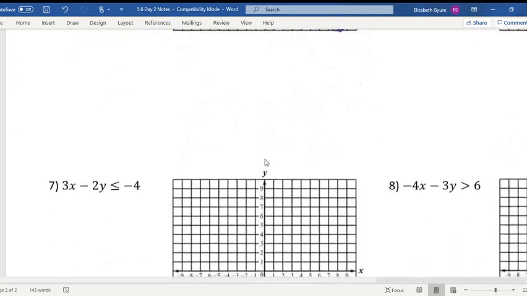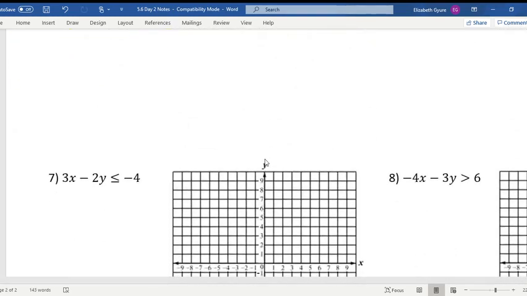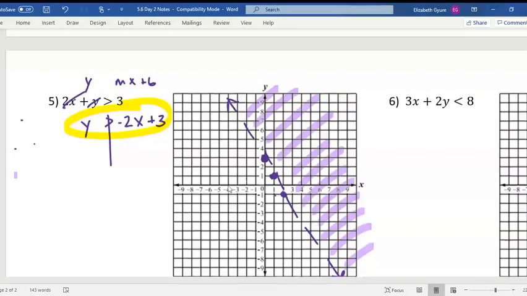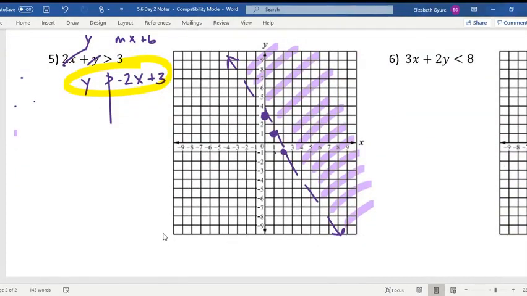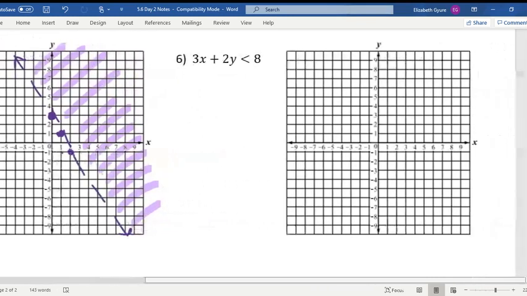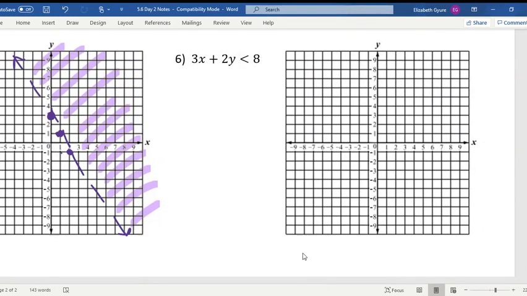All right, let me see where we're at here. Yeah, we need to look at these ones. All right, let's take a look at number 6. So number 6, we got a little bit more going on. There's some extra numbers here, but that is okay.